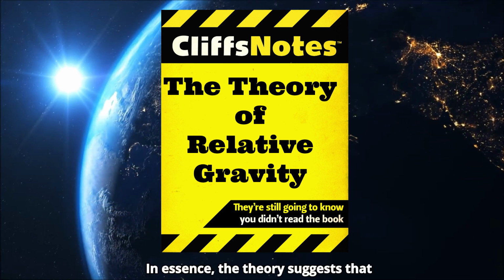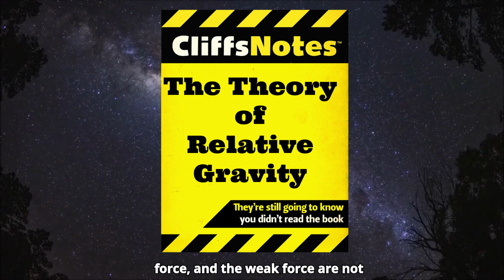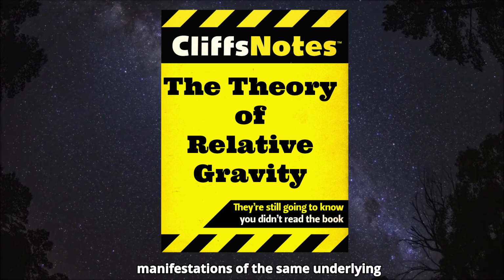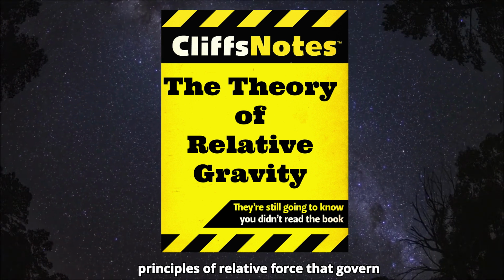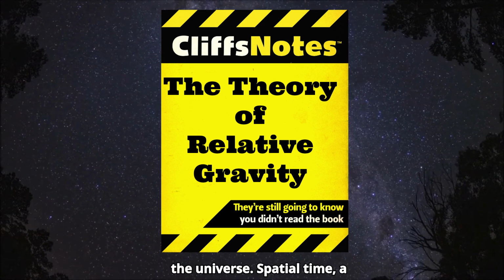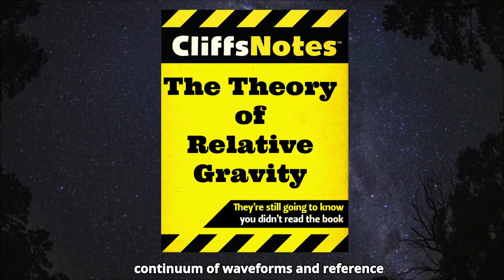In essence, the theory suggests that gravity, electromagnetism, the strong force, and the weak force are not distinct phenomena, but rather manifestations of the same underlying principles of relative force that govern the behavior of all matter and energy in the universe.